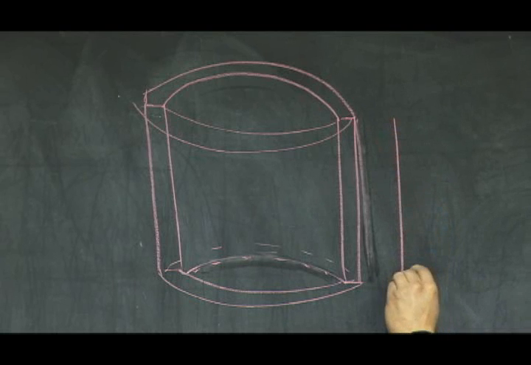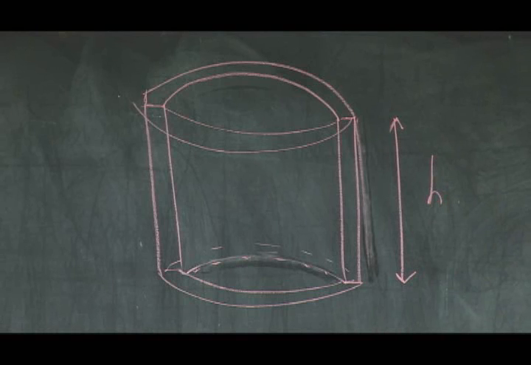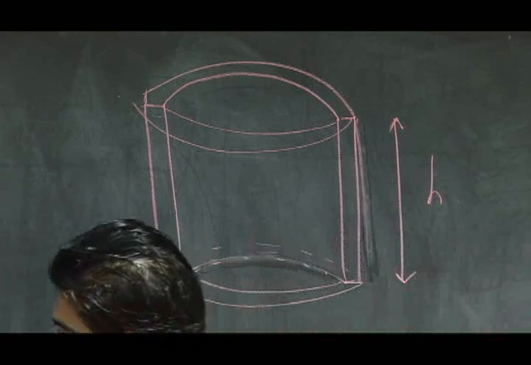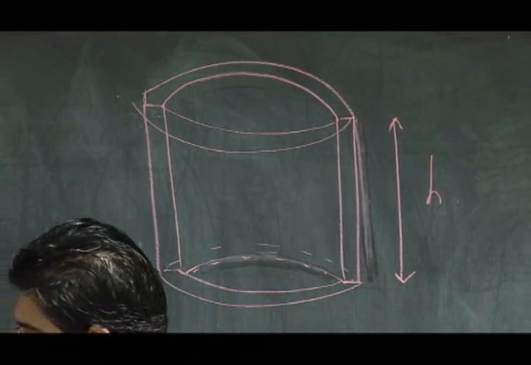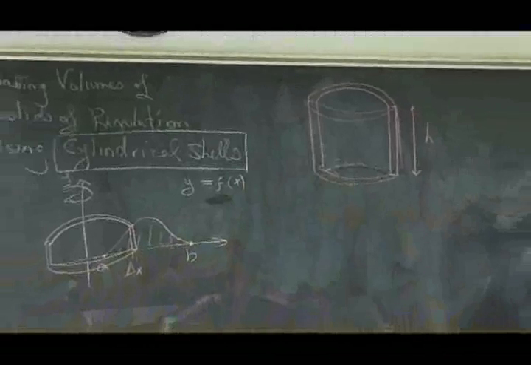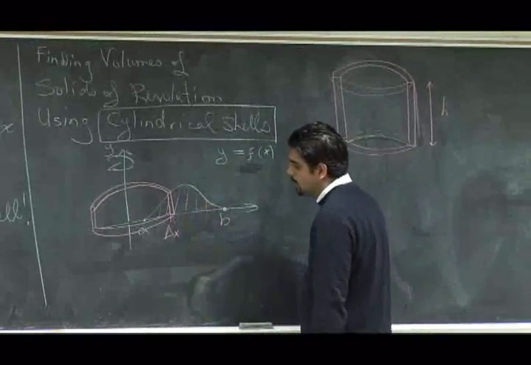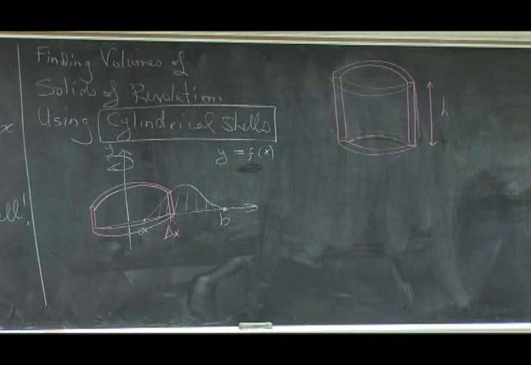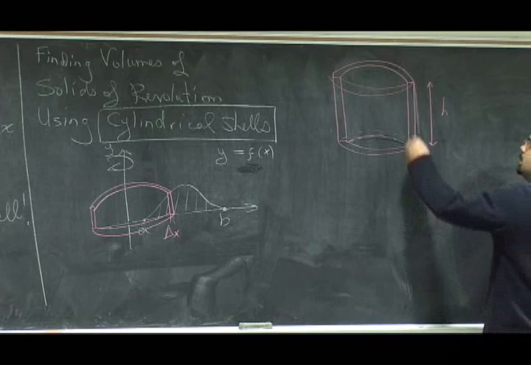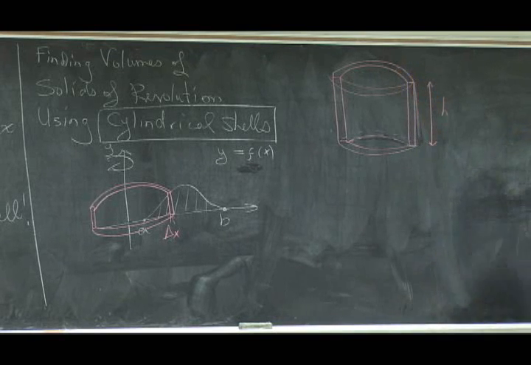Okay, so we're going to call the height of this outer cylinder h. And I'd like to call the thickness delta x. So we're imagining that we're partitioning AB into subintervals of equal length. So all the subintervals will be delta x wide, which means that the thickness here is delta x.